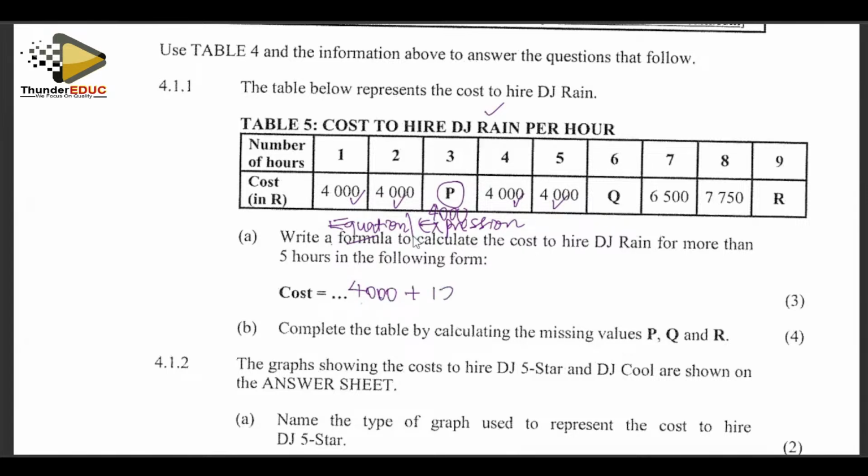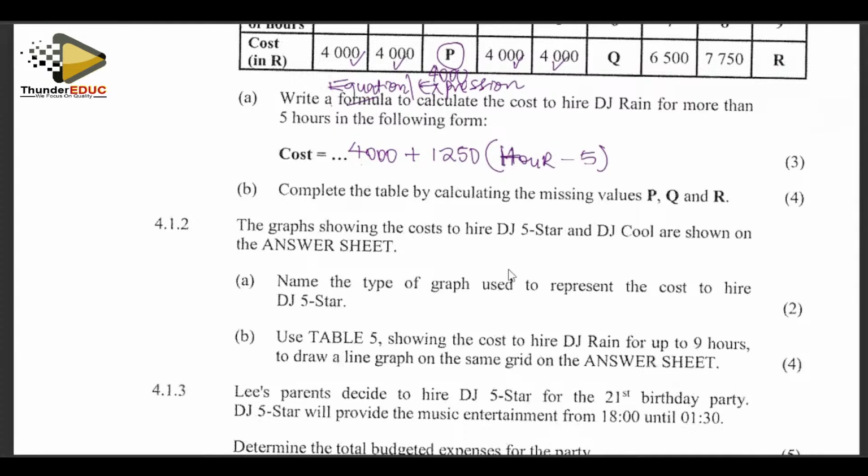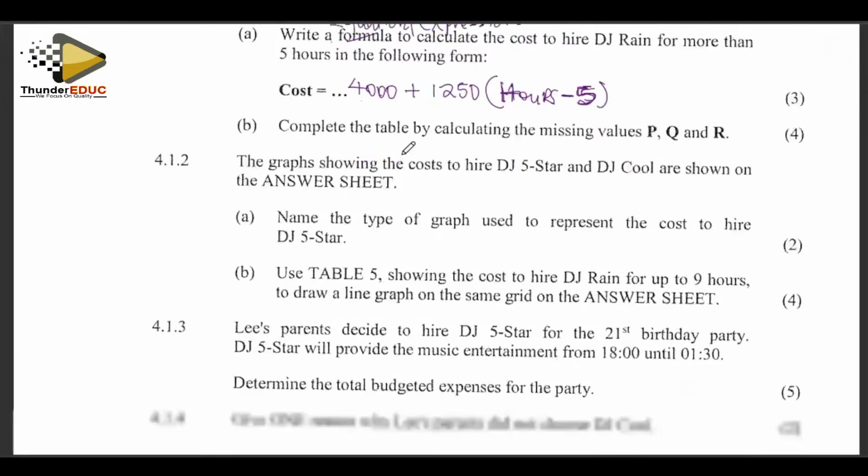Thereafter, 1,250 times the number of hours that have exceeded 5. This is your equation. If the hours have exceeded 5, then you're free to use the equation. But before 5, the amount that he wants is 4,000.